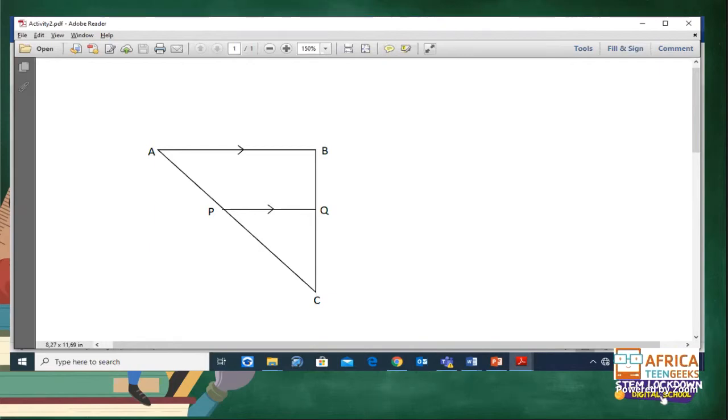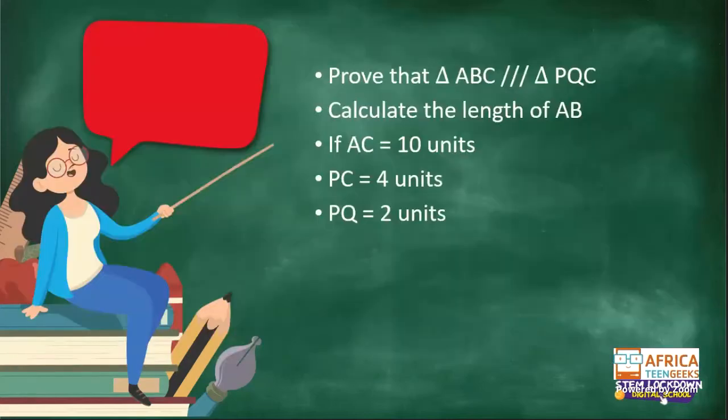Now prove that triangle ABC is similar to triangle PQC. And thereafter, calculate the length of AB if AC is 10 units, PC is 4 units, PQ is 2 units.